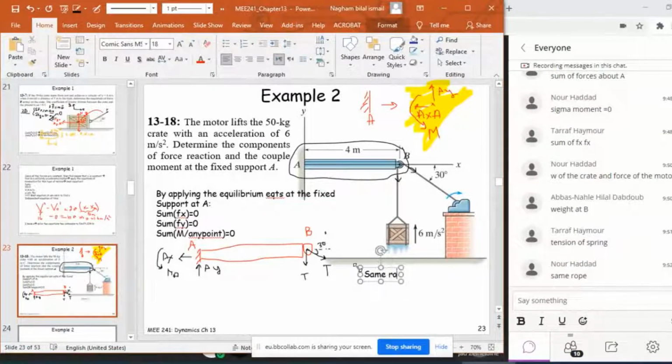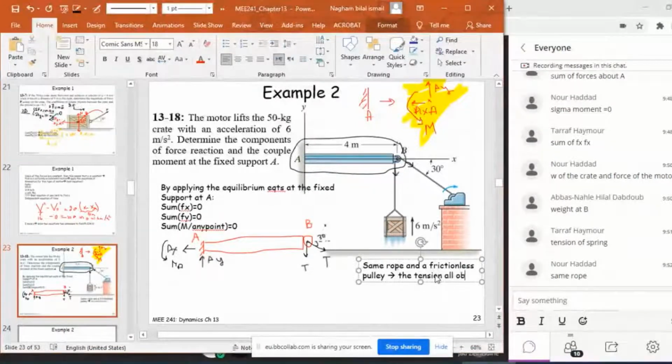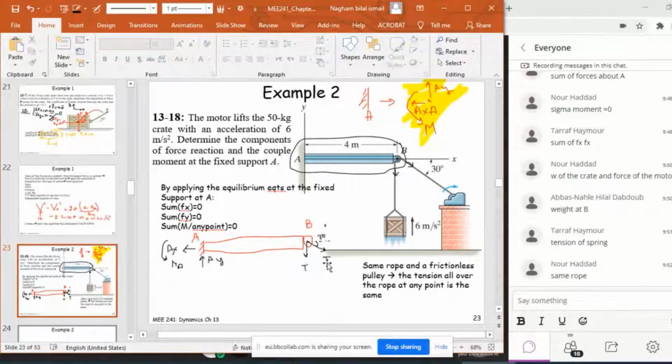Yes, if I have the same rope and a frictionless pulley, which is always the case, then the tension all over the rope at any point is the same, right? So always I'm gonna have the same tension, and that's why T is equal to G.